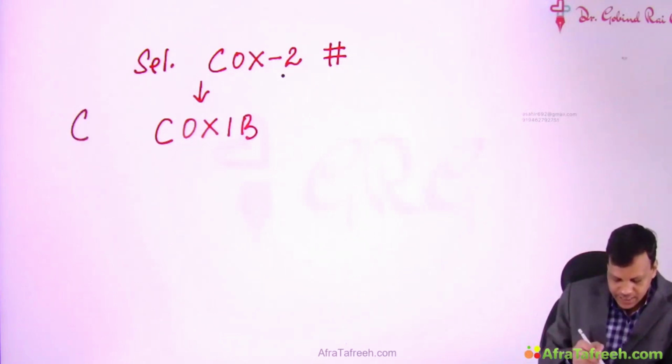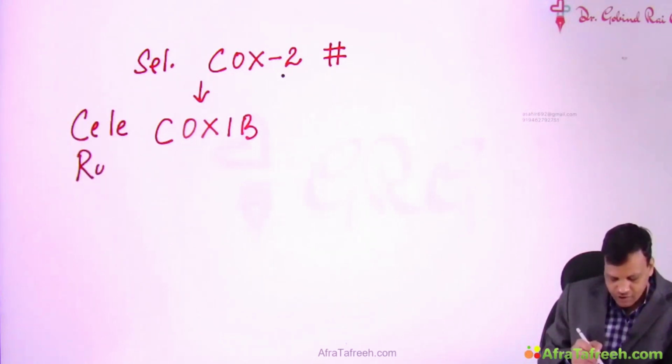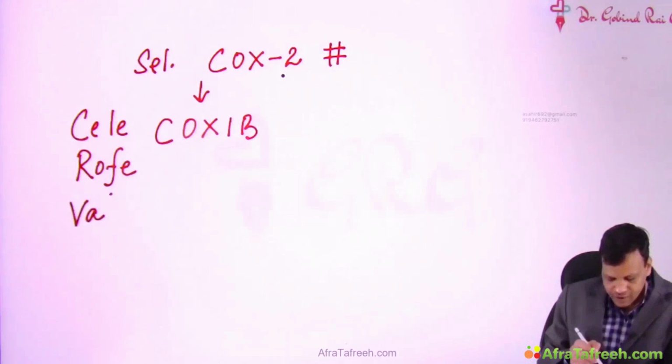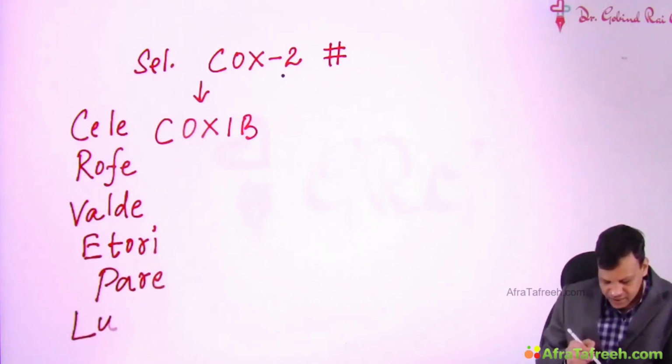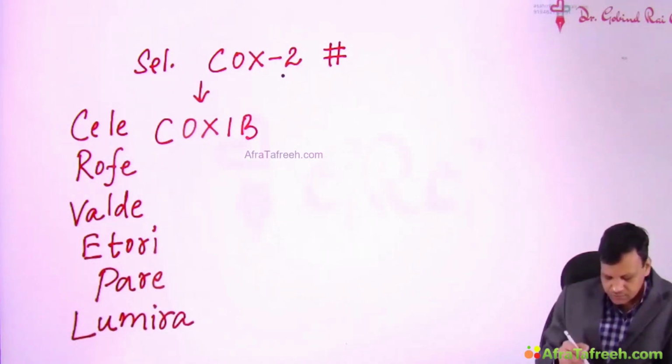The drugs like celecoxib, rofecoxib, valdecoxib, etoricoxib, parecoxib, and the latest one is lumiracoxib.